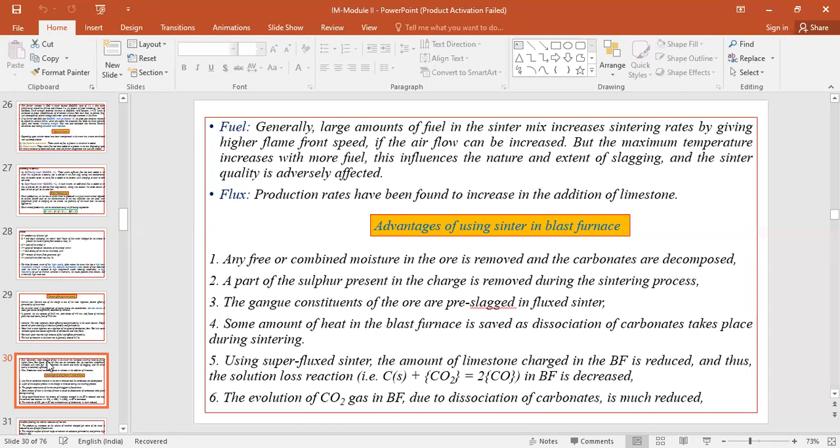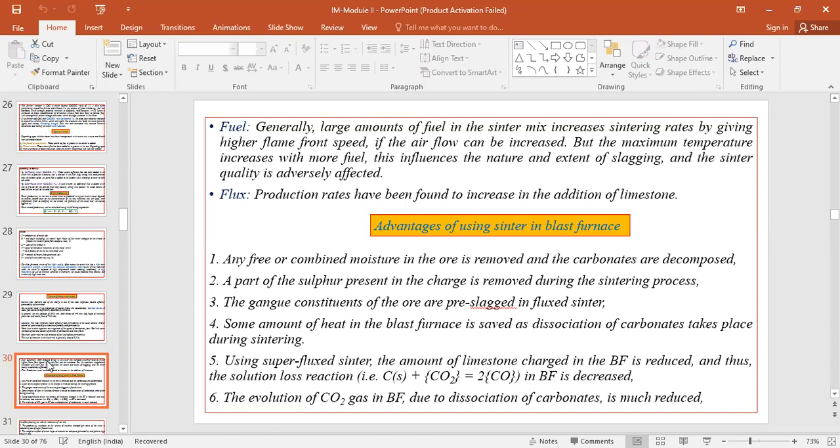So using superflux sinters, the amount of limestone charge in the blast furnace is reduced, and thus the solution loss reaction is decreased. This is also one of the greatest advantages of using sinters in the blast furnace.